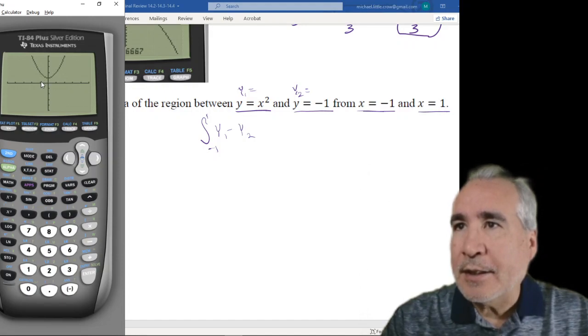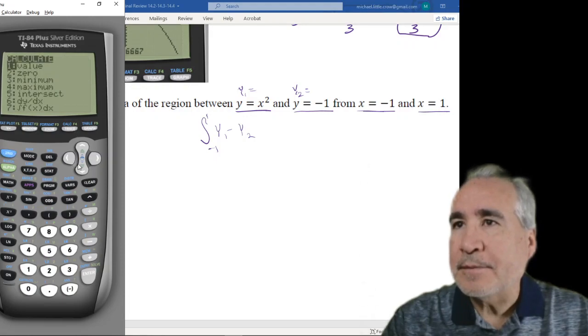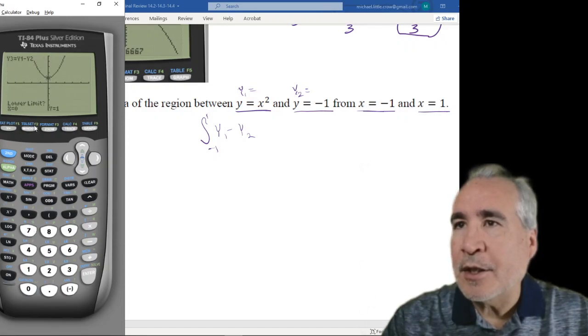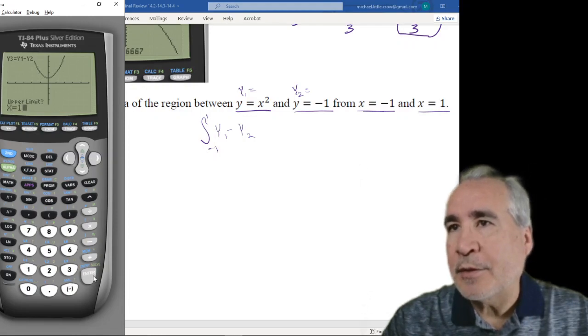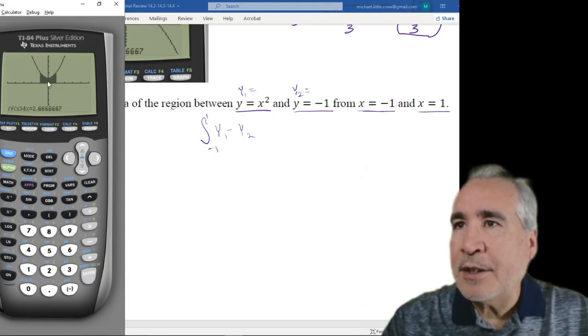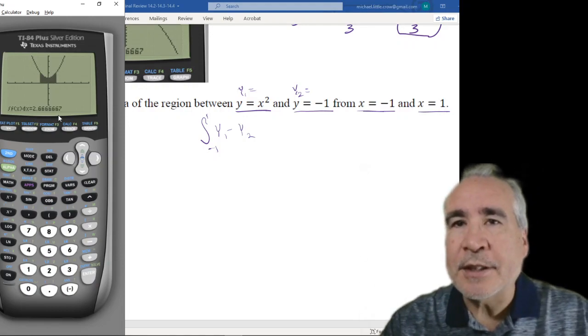And what I want is my limits going from -1 to 1. So that'll be number 7, integration, lower limit, -1, and that comes right from this part here. Upper limit, +1, that comes from the limit there. Fills it in. That's what I like about this, 2.6667.